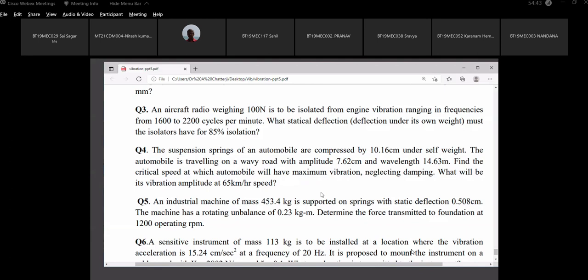Natural frequency is square root of k by m. Multiply above and below by g: k into gravitational constant g, and below mg. So mg by k is static deflection. You have to use that small formula. Static deflection is weight divided by k. So mg by k is given, and from that you have to find out natural frequency.